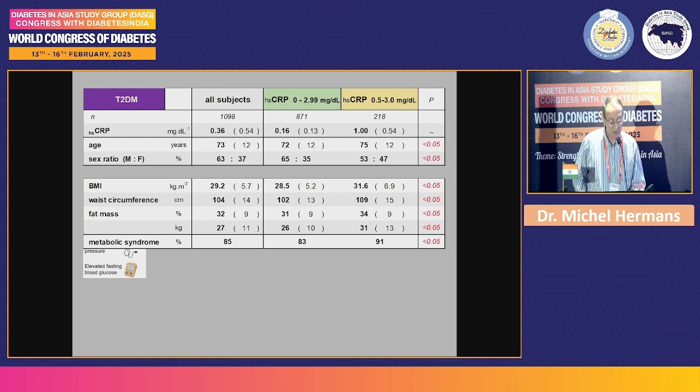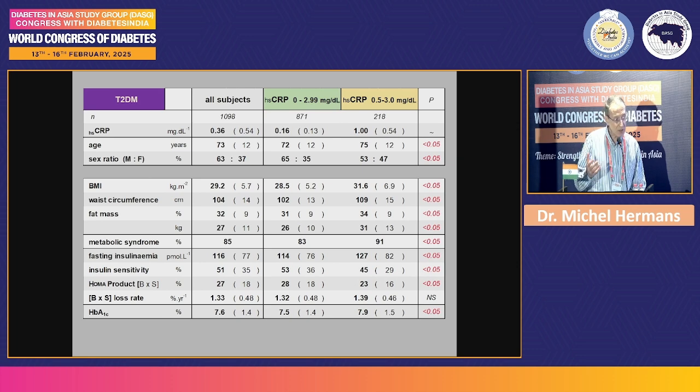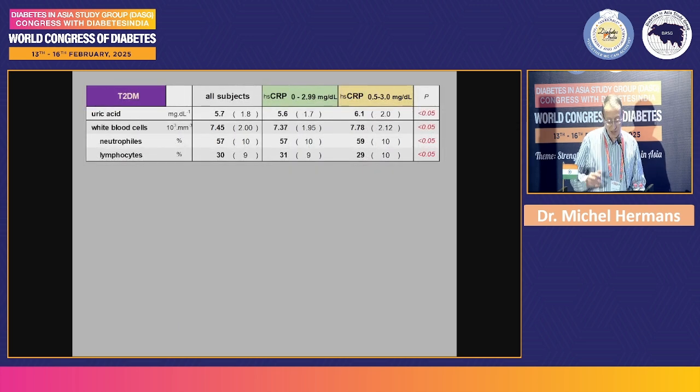And almost all of them have a metabolic syndrome. They also have more insulin resistance, more fasting insulin, less beta cell function, and poor metabolic control, as assessed by HbA1c. So the stage is set for those patients to likely have more complications.